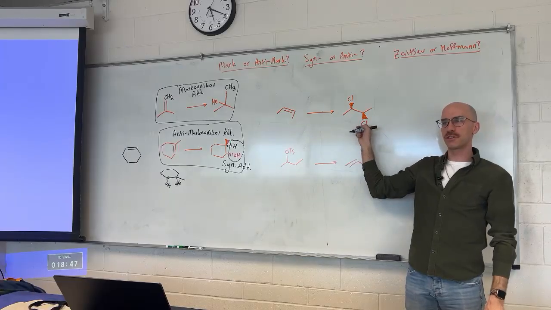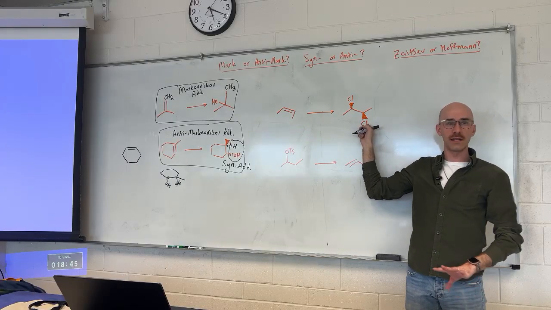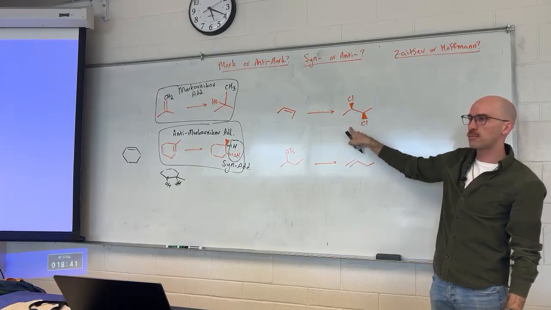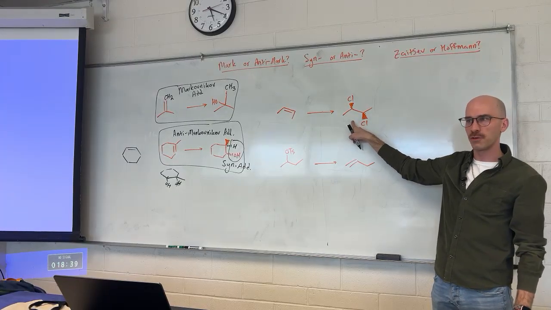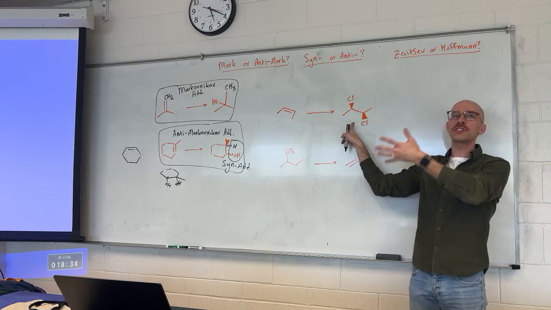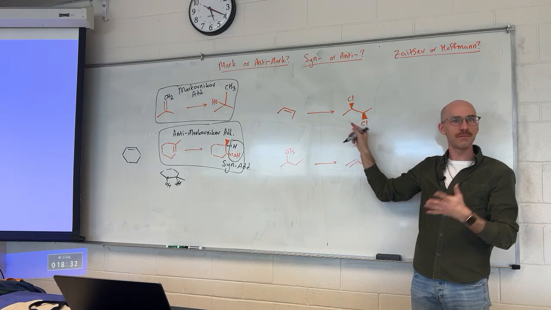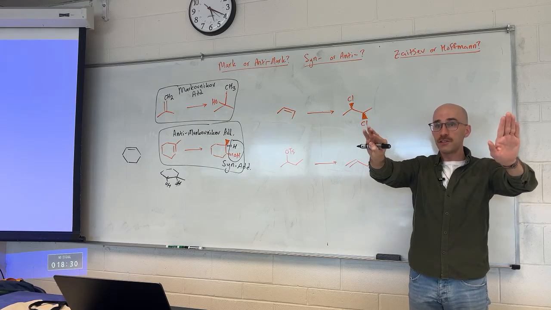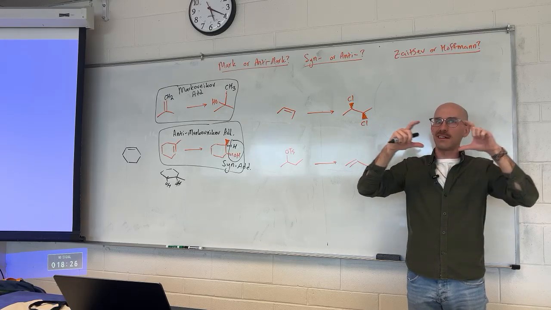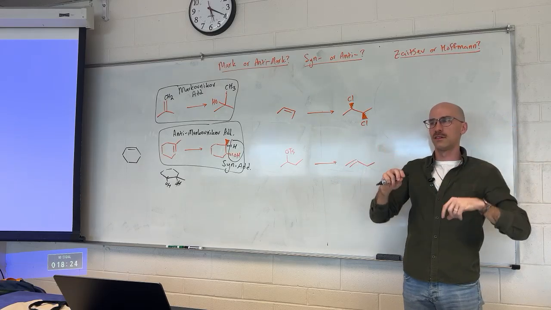Linear structures are allowed to rotate all the way around, which means that this is just one conformation of my molecule. And when you look at it, it looks like we could describe it as cis because the 2 groups are both wedged, but we can't describe it as cis because it's not a ring, it's linear.